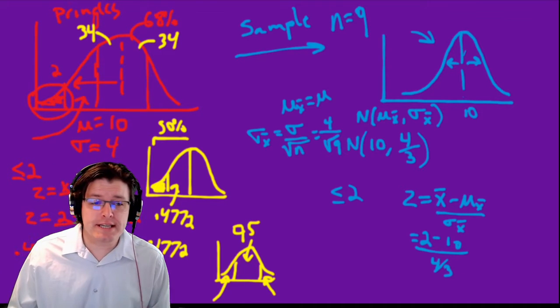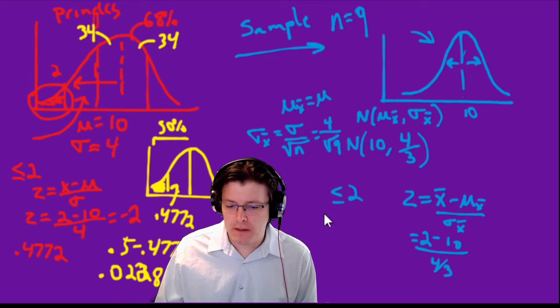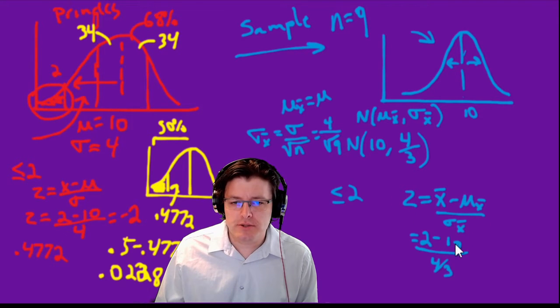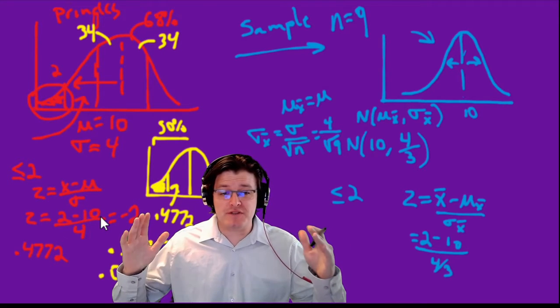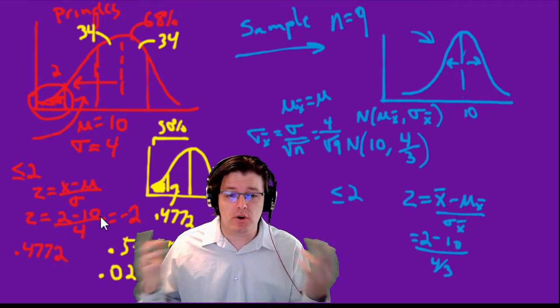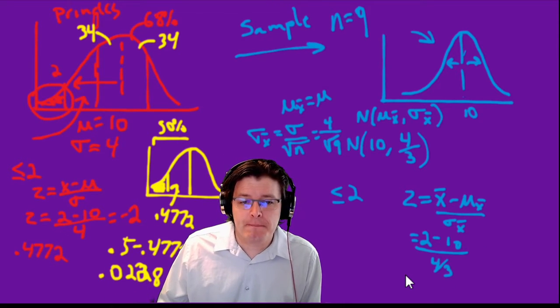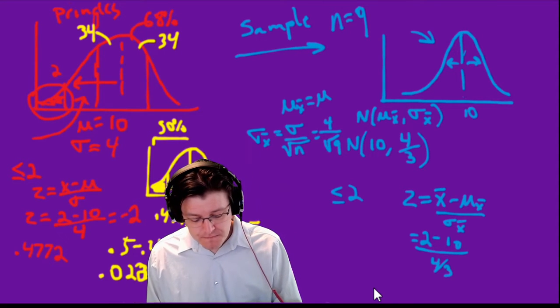Okay, so our calculations here, 2 minus 10 divided by 4/3, is very similar to what we did in the population. And in fact, all that's happened is we've changed the standard deviation in between these two normal distributions. But that's going to have big repercussions as far as how likely this is.